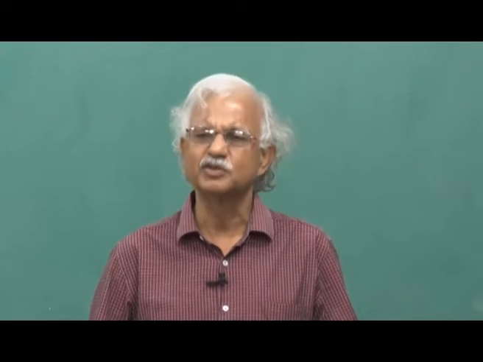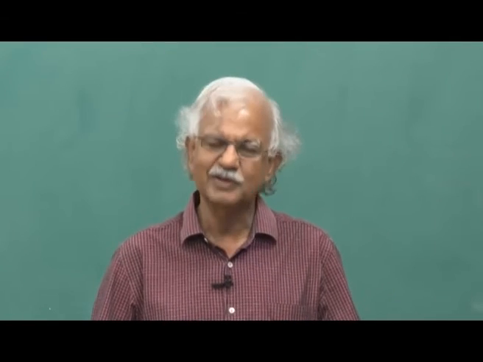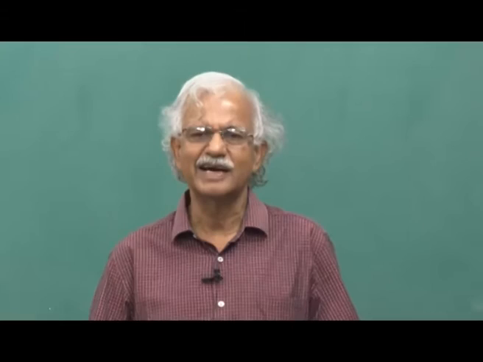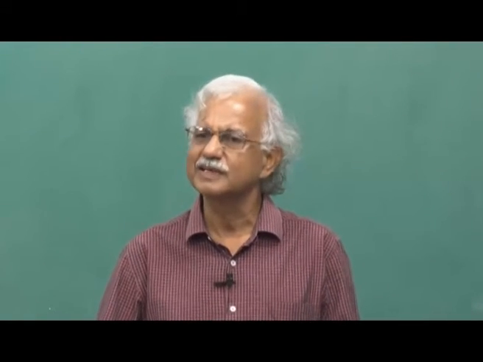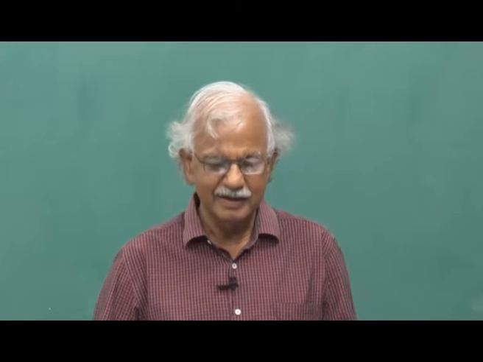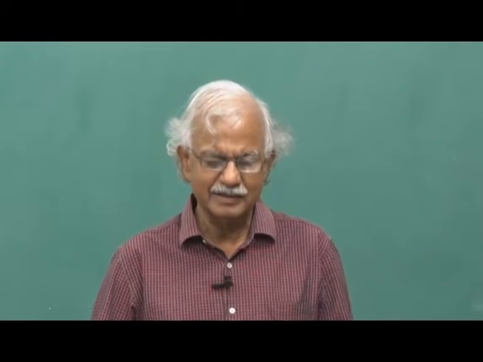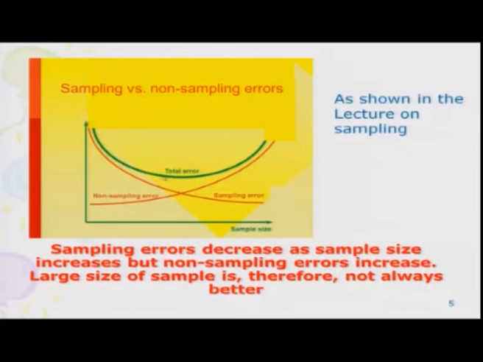So, there cannot be a theory of non-sampling error. We can only say that for collecting large data, non-sampling error will be more than the sampling error, and therefore, the net error in the results would be like this U-shaped curve, this green U-shaped curve.